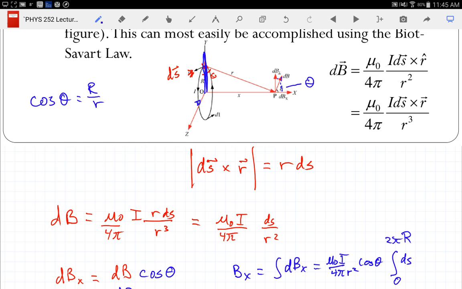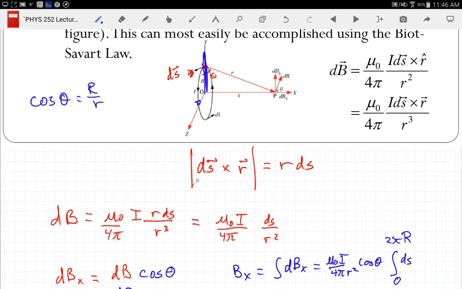The part I'm a little confused on is why they had dB drawn in as they had it. If we look at the little dB that they have drawn in, I see how we would have the cosine and sine relationships from that. But if we don't already have that, how would we know to draw it like that?